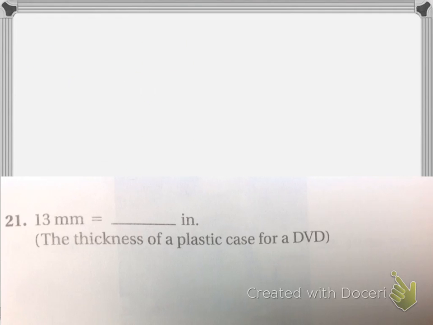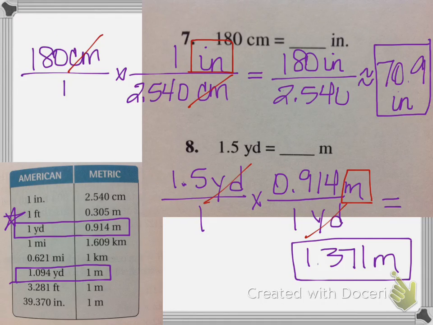Let's look at one more. I have millimeters to inches. So 13 millimeters. Let's start with our 13 millimeters. We want millimeters to cancel. Now, do I have a direct conversion between millimeters and inches?